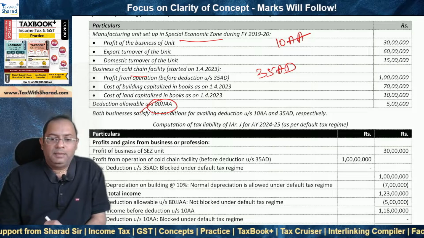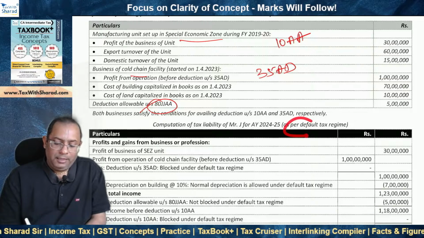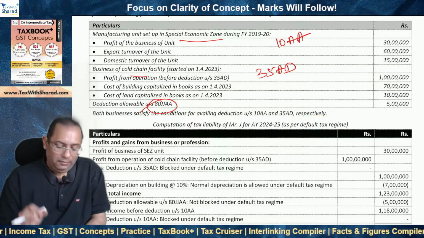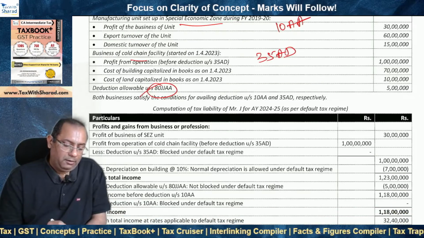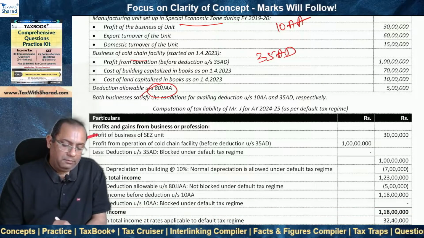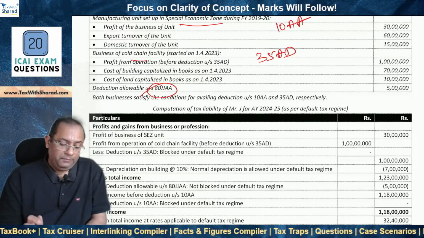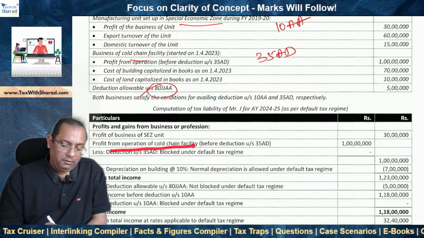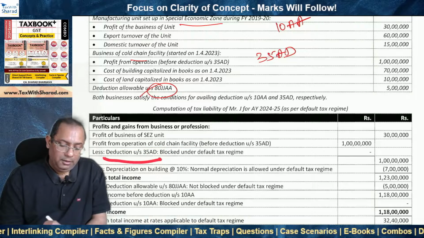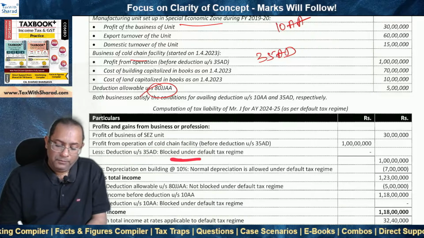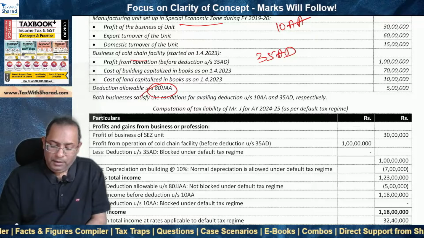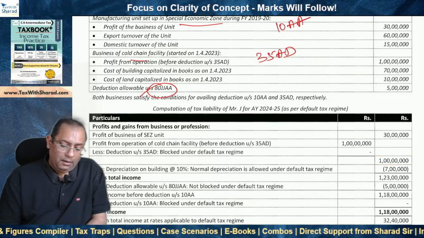And second point is we are talking about default tax regime, so 10AA deduction is anyways not available. But the right method of writing is that profits of business of SEZ unit, we don't mention 10AA deduction here, we will mention it later. Then we mention profits from operation of cold chain facility, and then less deduction under 35 AD, but then it is blocked. So we write dash and then 1 crore.